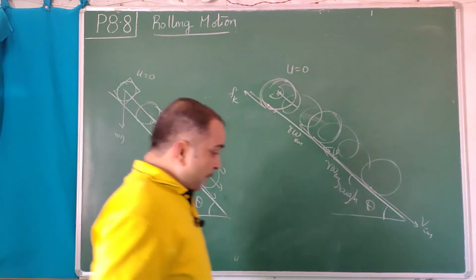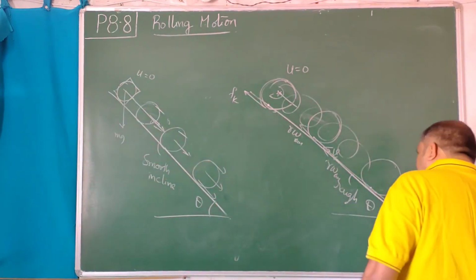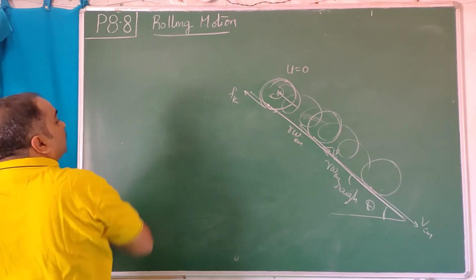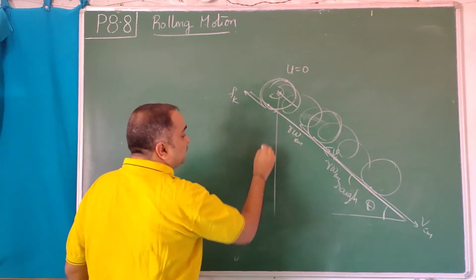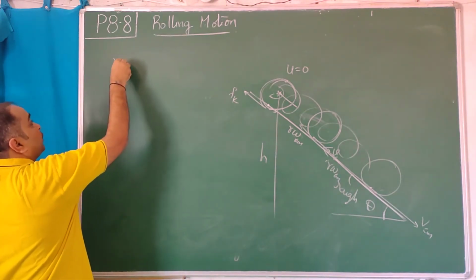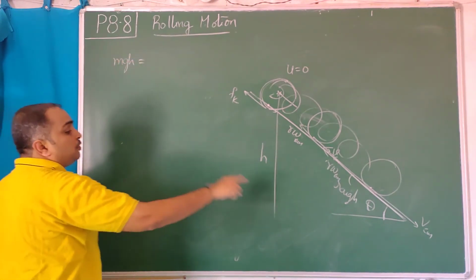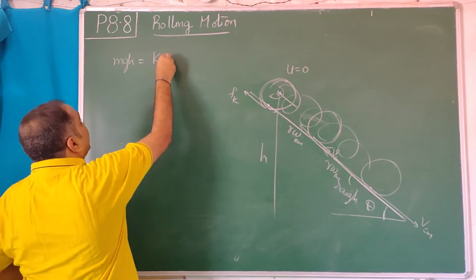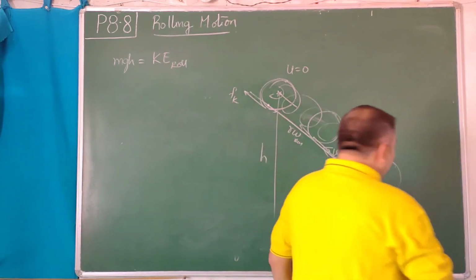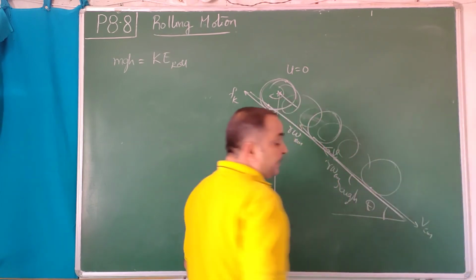Now, coming to the mathematics of this, if I drop from this height, say loss in mgh, potential energy, is equal to gain in rolling kinetic energy, KE roll. By the time it comes, it travels a length L on the incline.